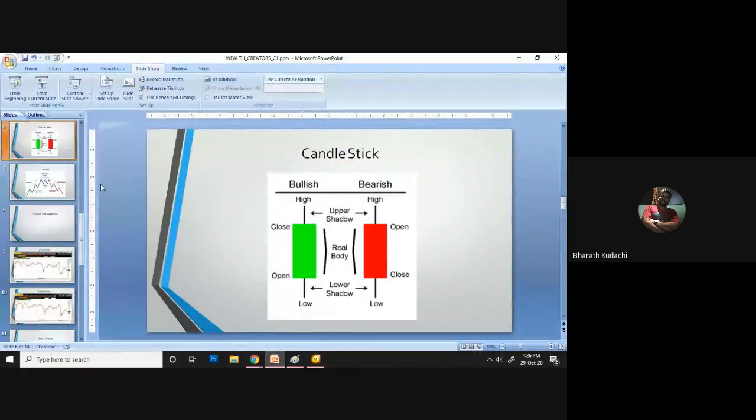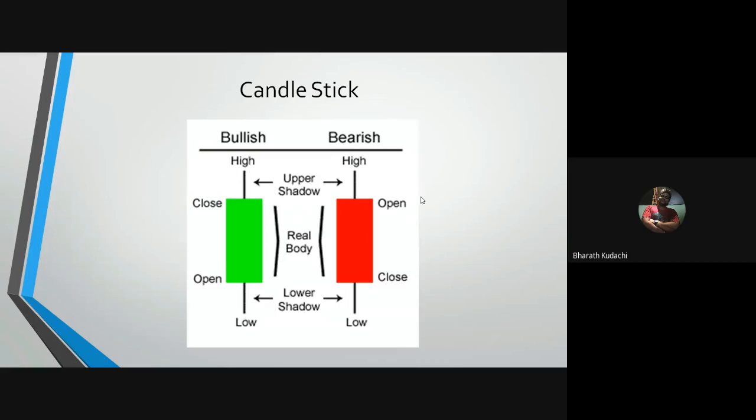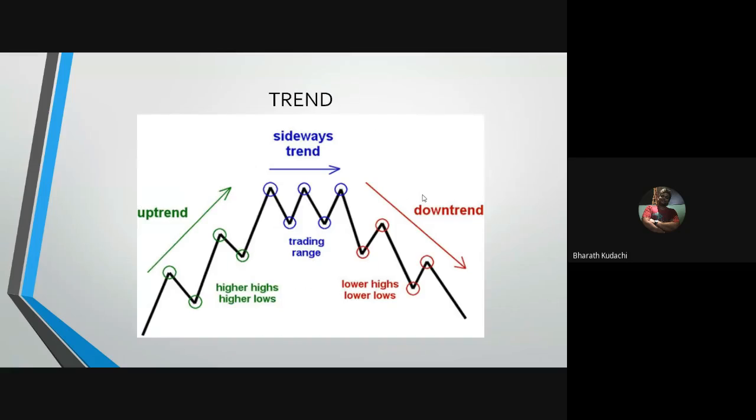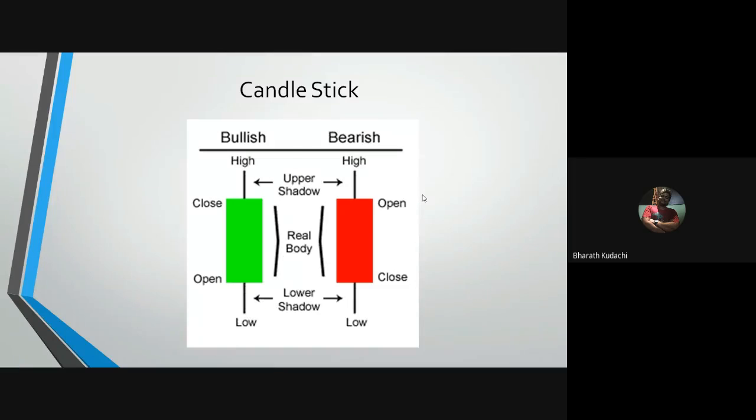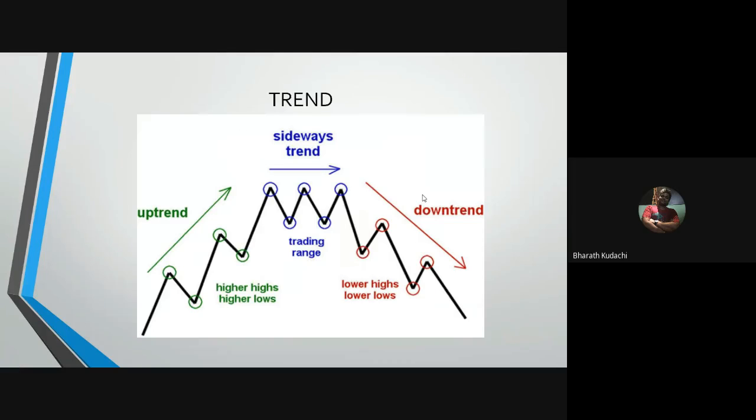Now coming to the slides again. So you understood the candlestick diagram. I told you if there are multiple green candles, it has to go above. The market will rise. When the market is rising, it is called an uptrend.